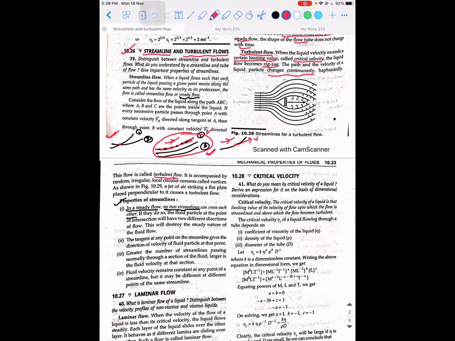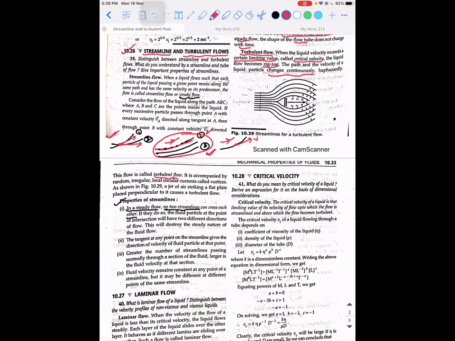At the point of intersection, how many tangents can I draw? You can draw one like this, one like this. You can actually draw two tangents. The meaning of these two tangents is that the particle which is common to both the first streamline and the second streamline is having two velocities at the same instant. Is it possible?